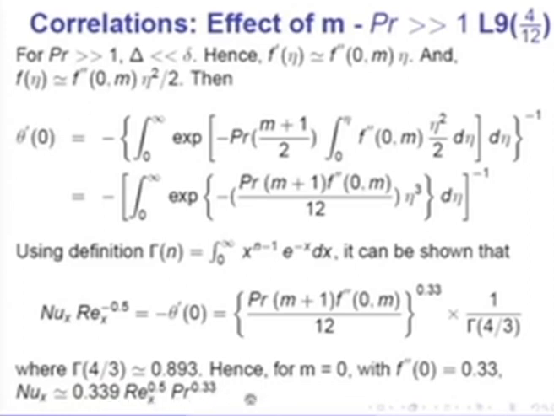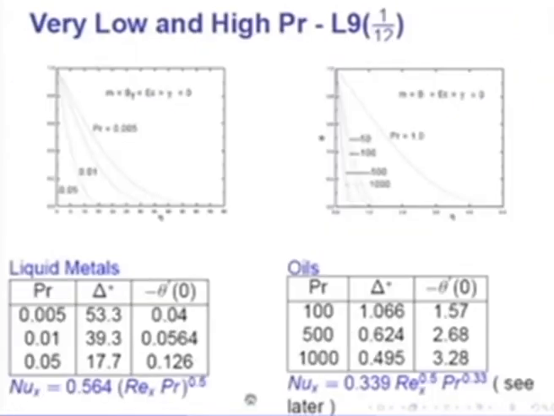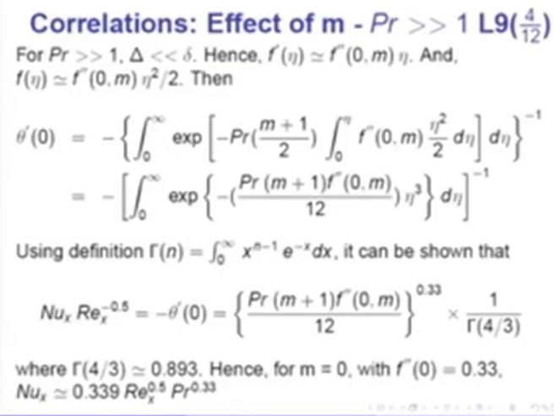Now, I had curve fitted the solutions exactly in the same manner here for oils, as you will see here, 0.339 Re x to the 0.5 Prandtl to the one third. These are numerical solutions, and this is obtained from our assumption that the velocity profile is linear. So, this kind of an assumption helps you to evaluate closed form solutions, which we can call correlations.